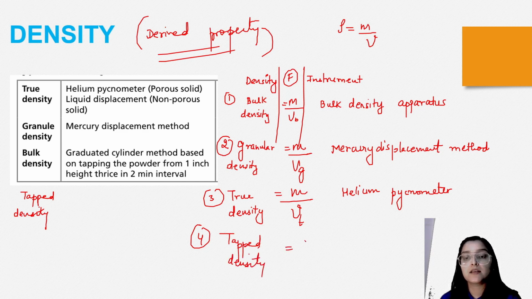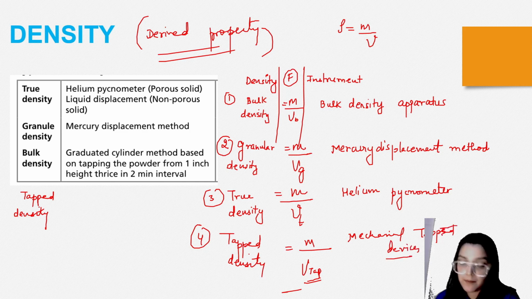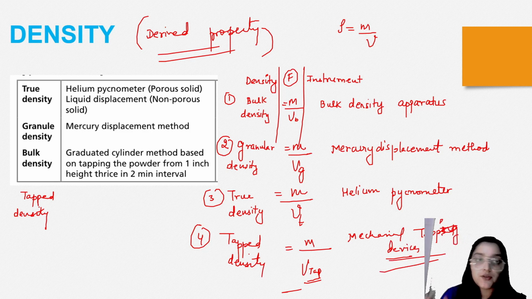It is the mass upon tapped volume. You just have a mechanical tapping device for it that will remove all the spaces. Mechanical tapping device. I hope this is clear to you all, right?